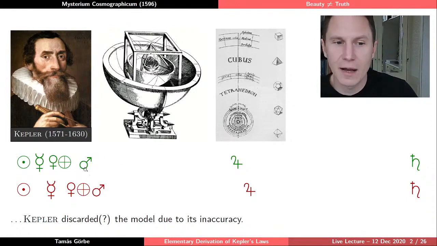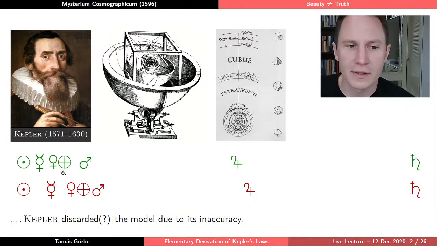So you can see that there are big errors in these distances. So it's inaccurate as a model of the solar system.